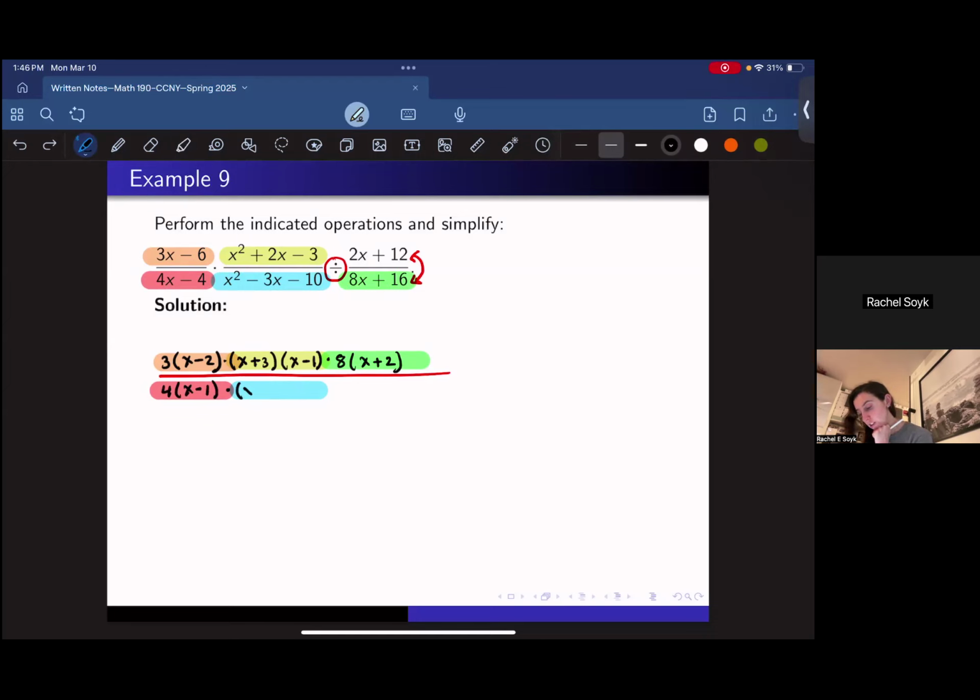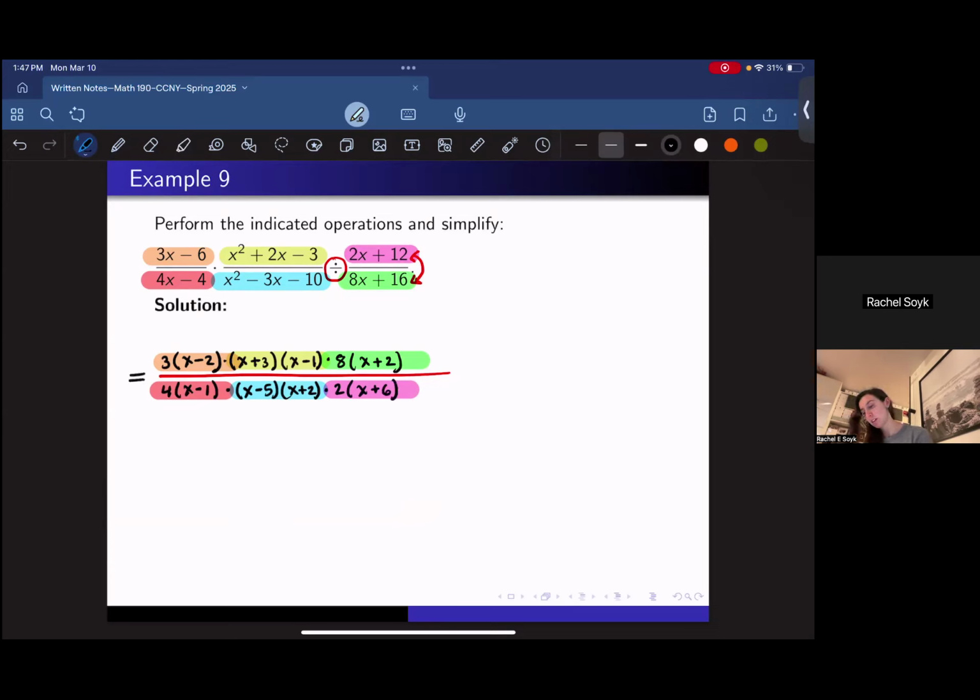I do not think it is, right? Because we have 5 and, oh no, it is. X minus 5 and x plus 2. Good. And then this is now in our denominator. Let's go ahead and pull out a 2. Now we're left with x plus 6.